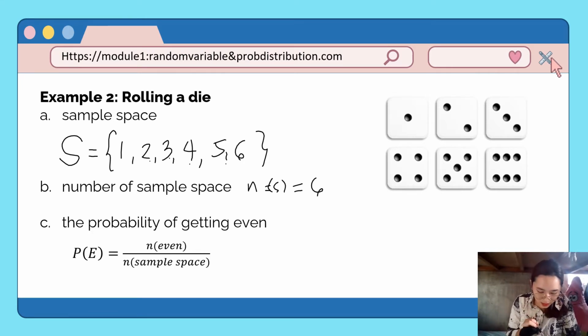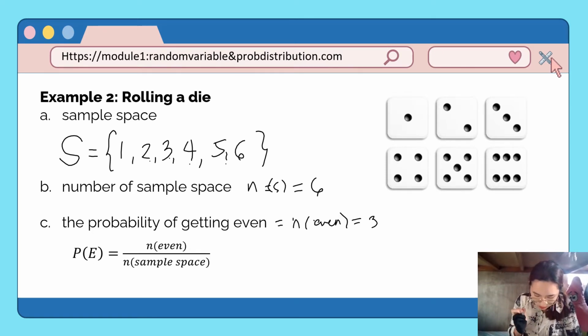6 po siya. And let's say we are interested in knowing kung lalabas ba ay even number. So, ilan kaya ang probability nun? So, getting an even. So, ilan lang ba ang even natin dito sa ating sample? So, we have 2, 4, and 6. So, tatlo lang po ang ating number of even.